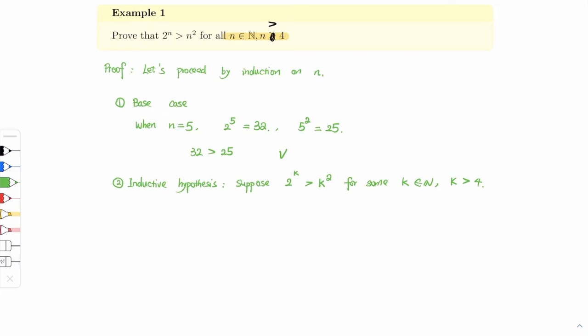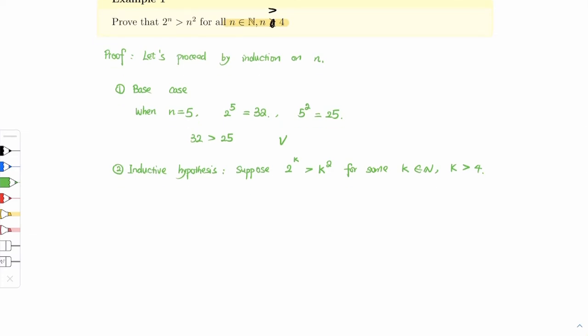I think the original question was greater than or equal to, but whatever, it's okay. Anyway, number 3, we can do our induction now.